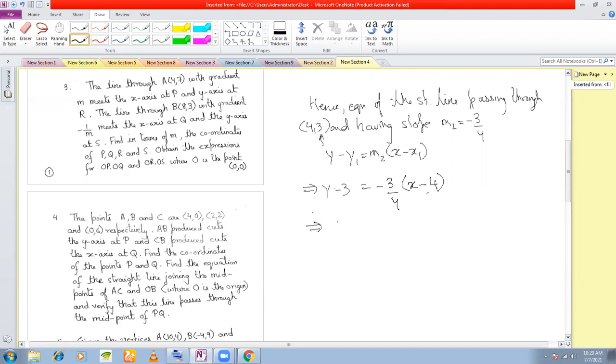So we can simplify this to write 4y minus 12 is equal to minus 3x plus 12. Now, in order to make the right hand side 0, take everything to the left hand side. So minus 3x becomes plus 3x plus 4y minus 12, and this 12 when it goes this side becomes minus 12 equal to 0. So the required equation of the straight line is 3x plus 4y minus 24 is equal to 0.